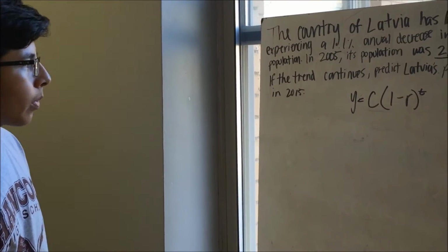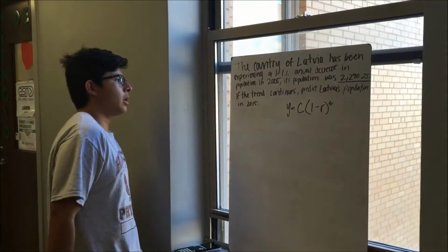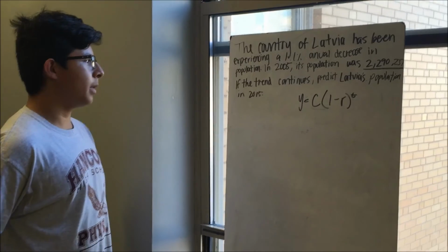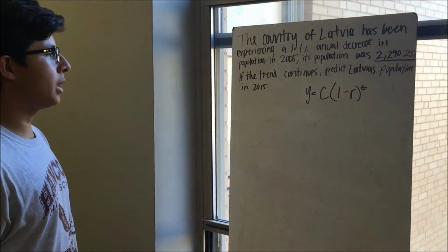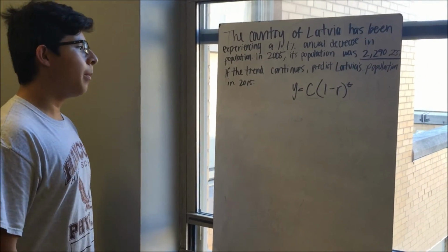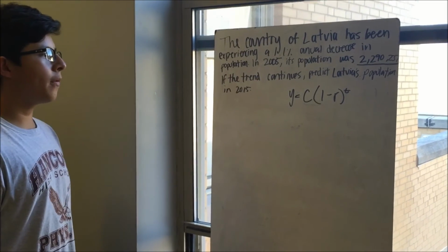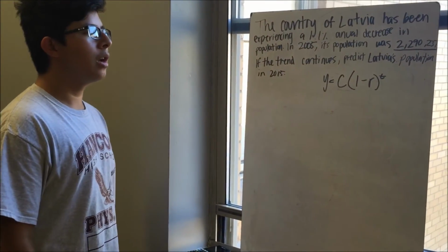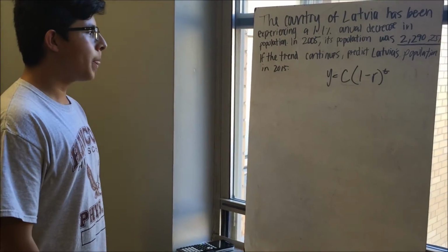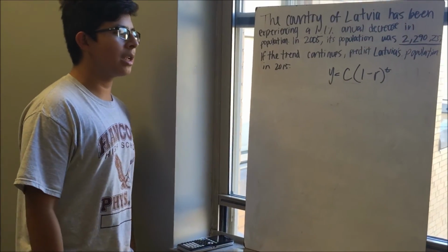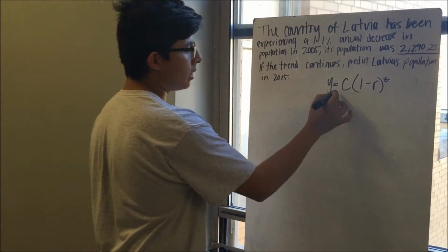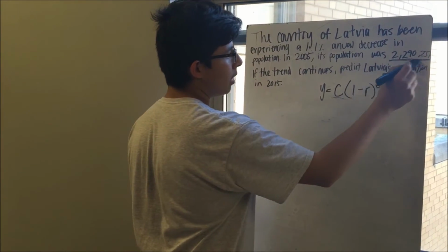The problem is asking us: the country of Latvia has been experiencing a 1.1% annual decrease in population. In 2005, its population was 2,202,937. If the trend continues, predict Latvia's population in 2015. Now, C is going to be this number.